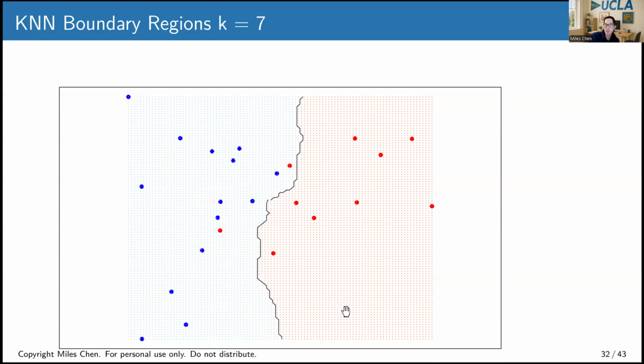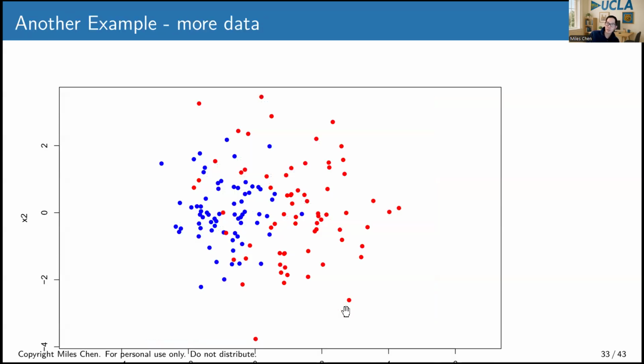Okay. The effect of choosing k is a little bit more noticeable when you have a lot more data points. So here I have a bunch of red points and a bunch of blue points. And so the overall boundary is red dominates the right-hand side and blue dominates the left-hand side. Although we do have a sprinkling of red points over here and a couple blue points over on this side.